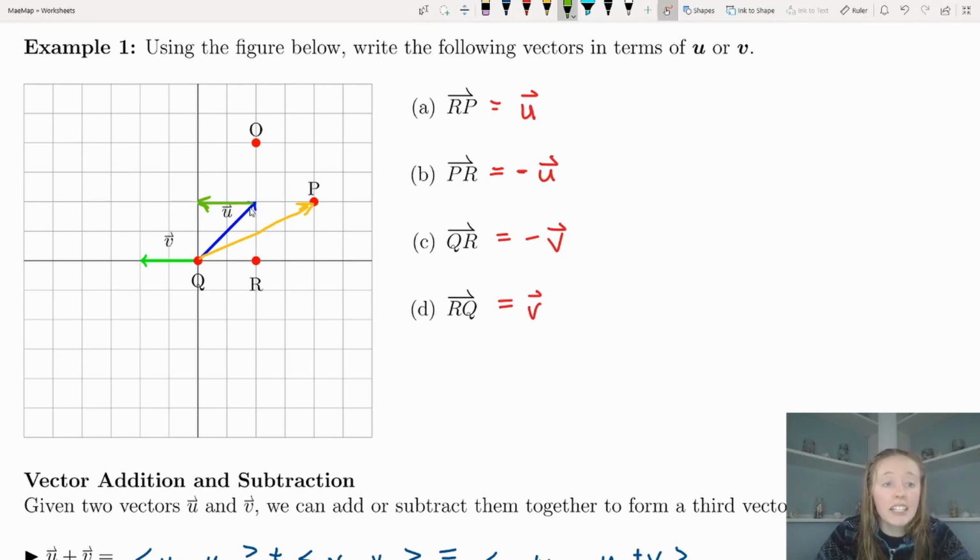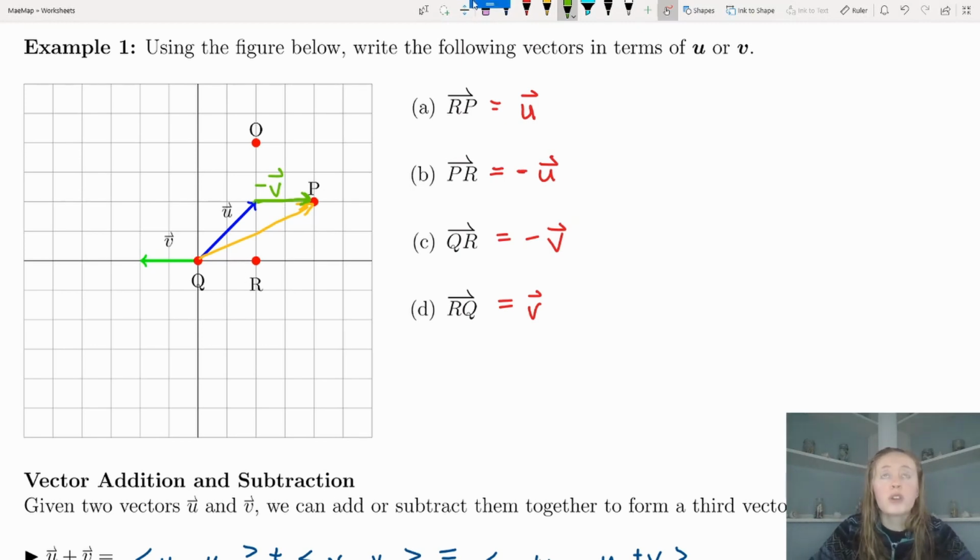As opposed to adding vector v, I want to scale vector v. I want to go to the right in that opposite direction. So I'm going to take vector u and subtract vector v. That will get me from Q to point P. Vector QP would be u minus vector v. And remember, if you want to think of this as addition, u minus v is like vector u plus a negative vector v.